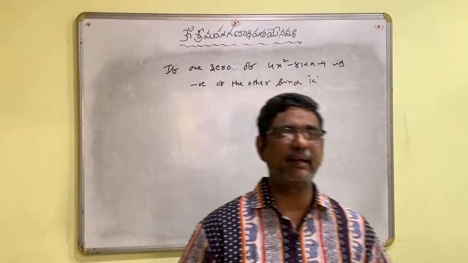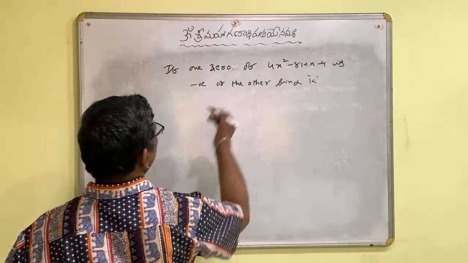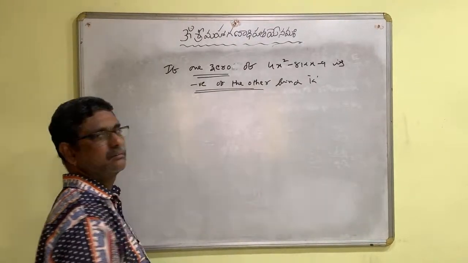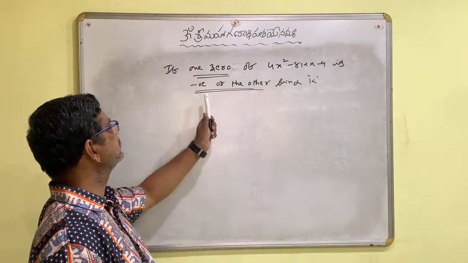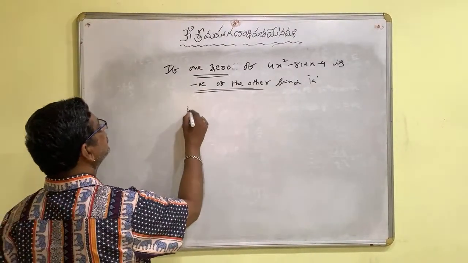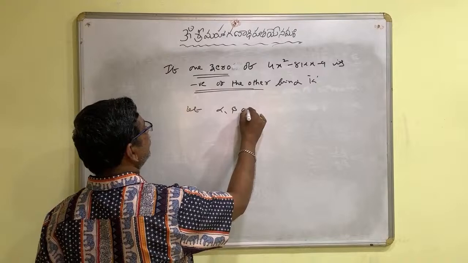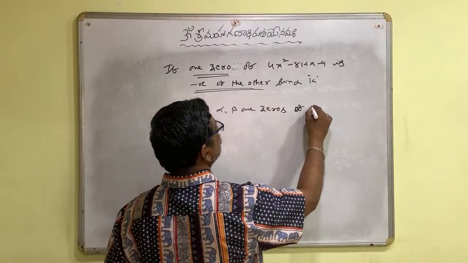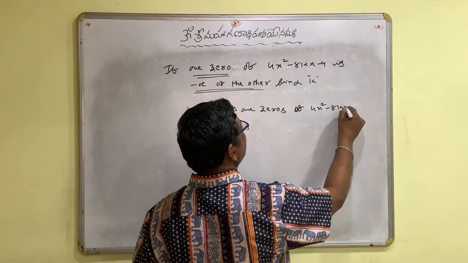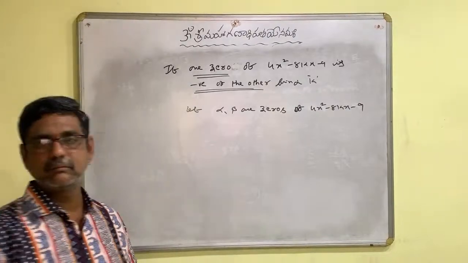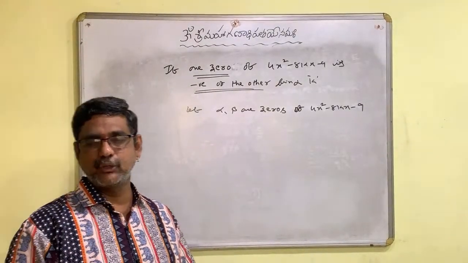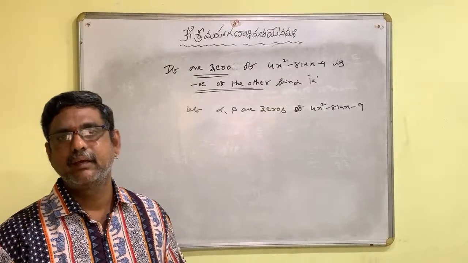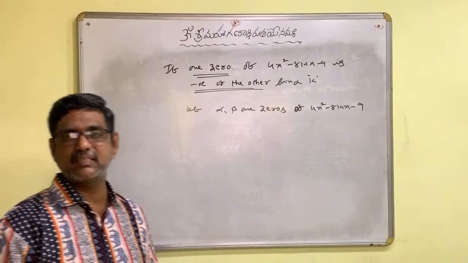Alpha is negative beta. Very good. One zero is negative of the other. This is given. Let alpha, beta be the zeros of 4x square minus 8kx minus 9.